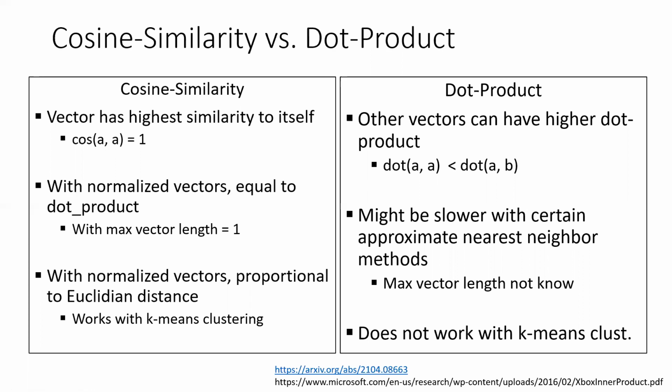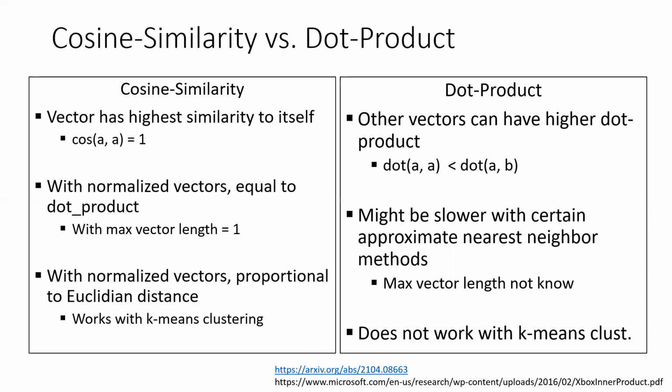For dot product, a disadvantage can be that it might be slower with certain approximate nearest neighbor methods. Some approximate nearest neighbor methods, if you want to do search over a large vector space, require that you know the maximal vector length, but for dot product, for unnormalized vectors, you do not know the maximal vector length.